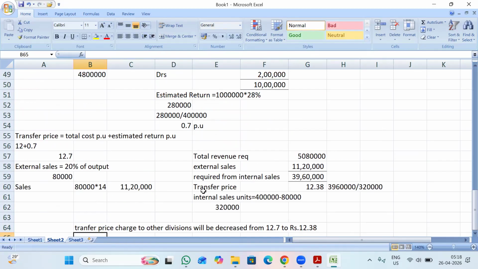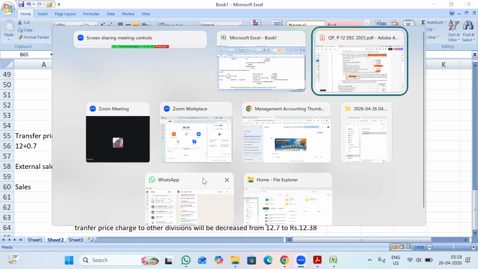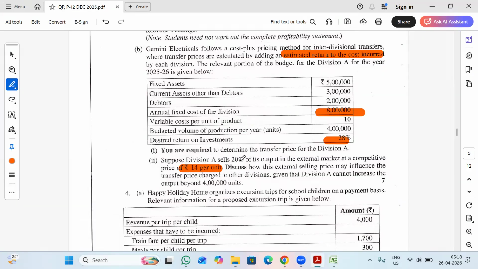So here they asked, if my external sales market is having 20%, then how it will be influencing my transfer price charged to other divisions. And my output cannot be increased beyond 4 lakhs.